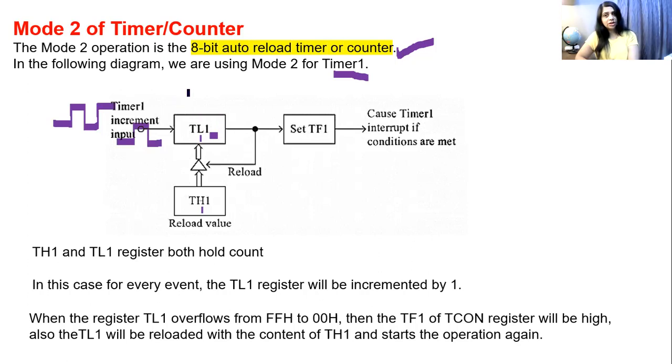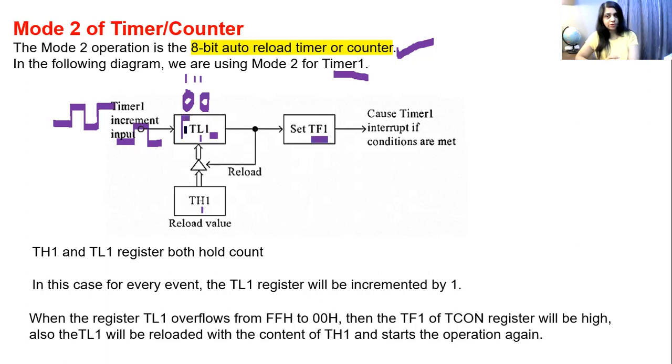So if the initial count is 00, it will become 01, 02, 03, 04, and so on, in hexadecimal, because TL1 is 8 bits in size. After it becomes all ones, that is FF, when it overflows, it will generate TF1, an interrupt.